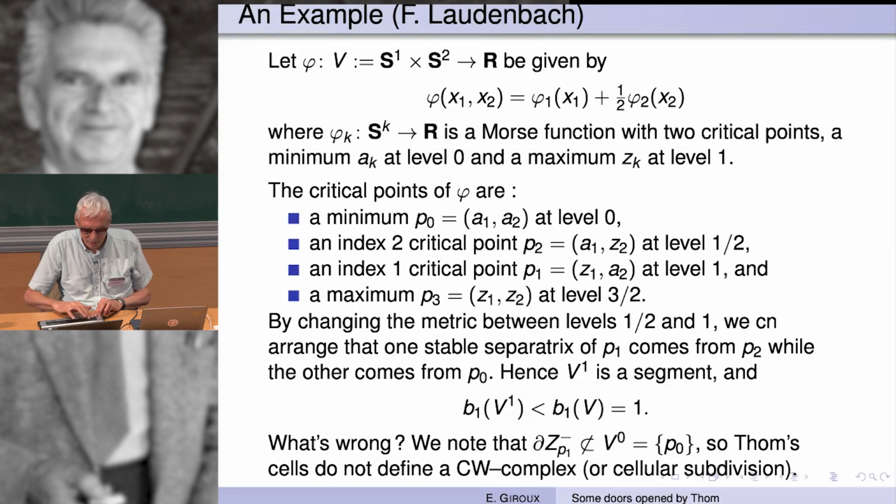And so the critical points of this function phi are as follows. You have one minimum, which is (a1, a2). Next, because of the 1/2 factor I've put, you have a critical point of index 2, which is (a1, z2), at level 1/2. Then at level 1, you have an index 1 critical point, which is (z1, a2). And at level 3/2, just a maximum.